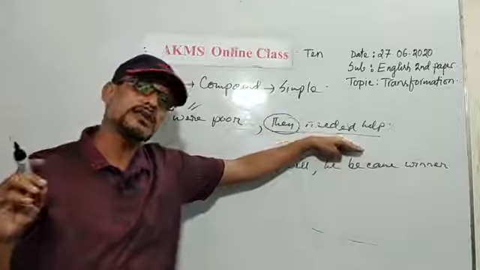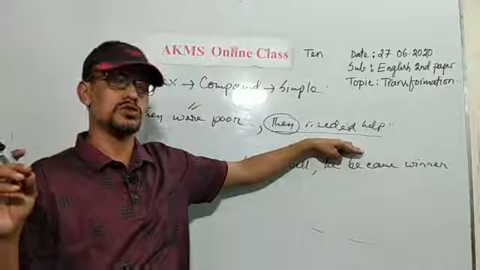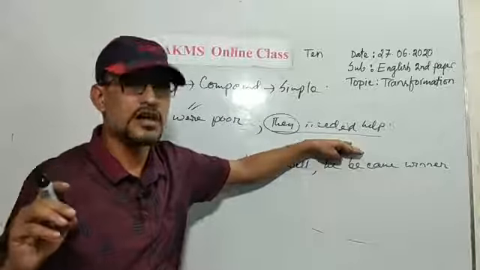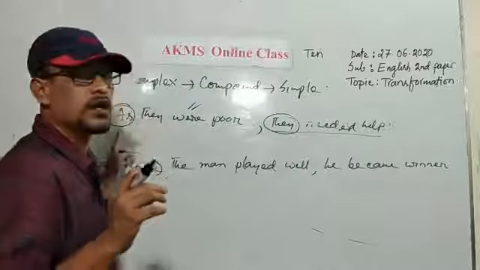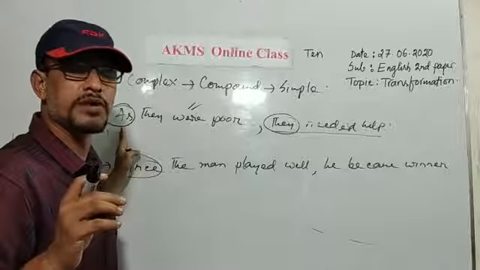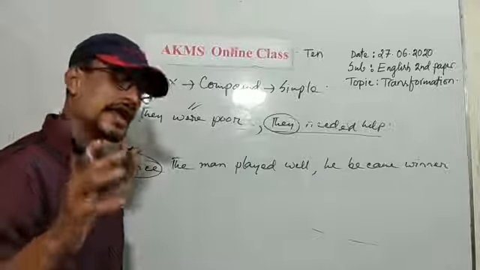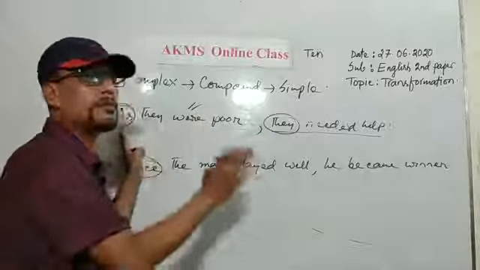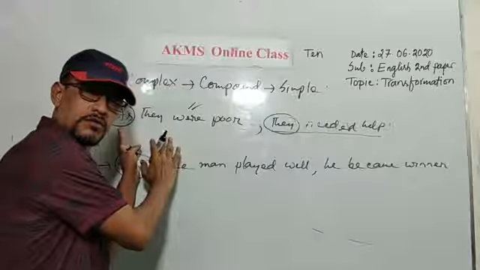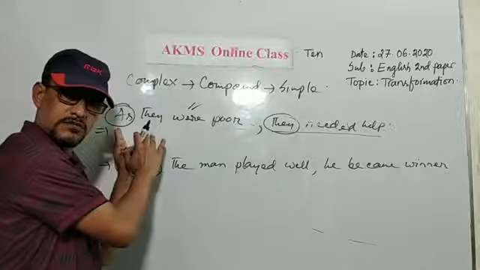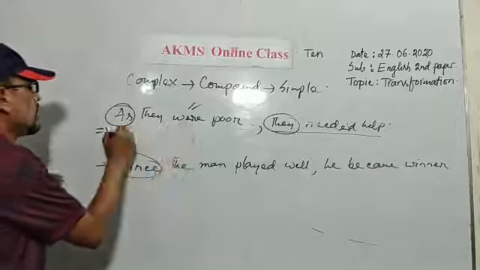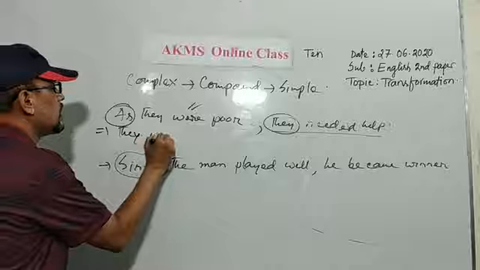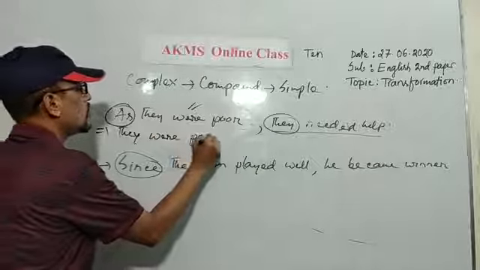So the action of the clause that will occur first will be at the very beginning of a compound sentence. The action that has been done first in a compound sentence will be put in the first position. Now dears, I will write they were poor.